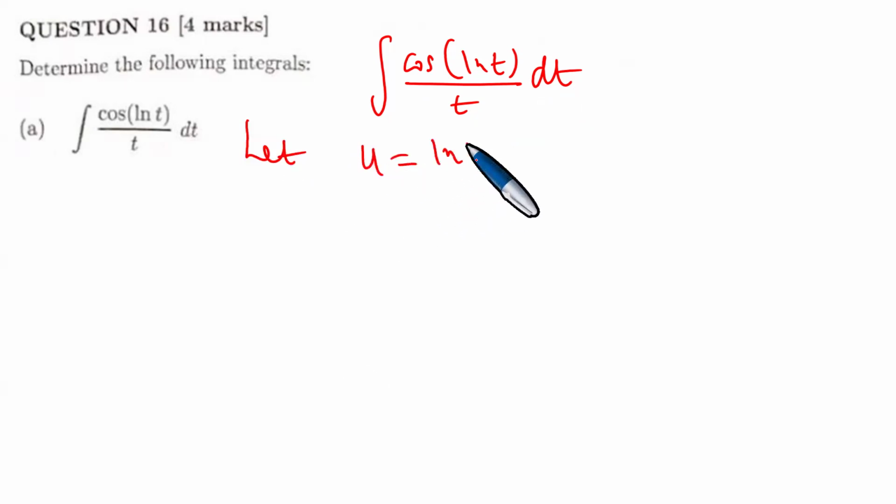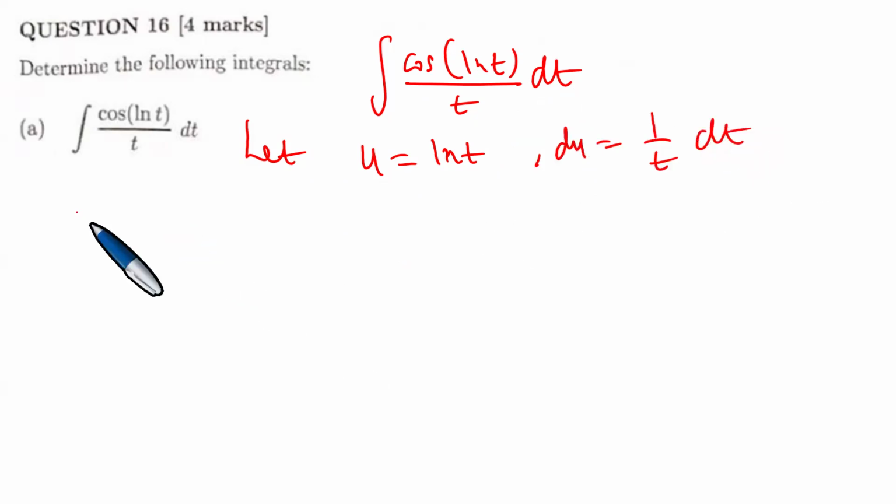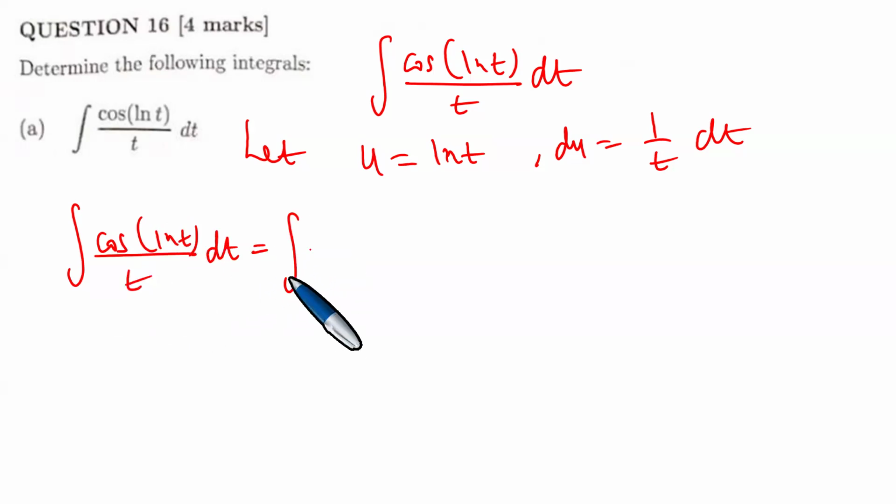let u be the natural log of t, which is ln t. The derivative of u, du, is 1 over t dt. So that when we have the integral of the cosine of ln t divided by t dt, it will equal the cosine of u out of t, then the dt is going to be t du.